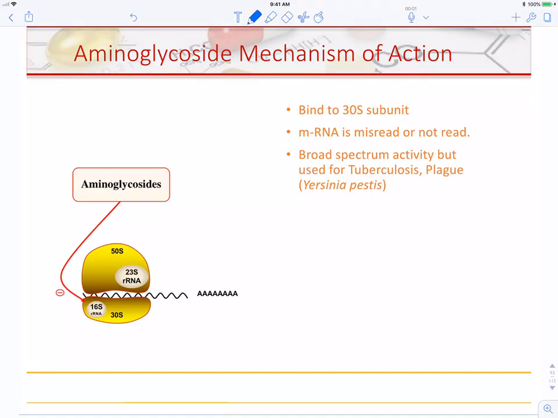What we need for activity is that the amines that form the structure of these antibiotics need to be protonated. And so one of the mechanisms for resistance we'll see is to simply chemically modify them.